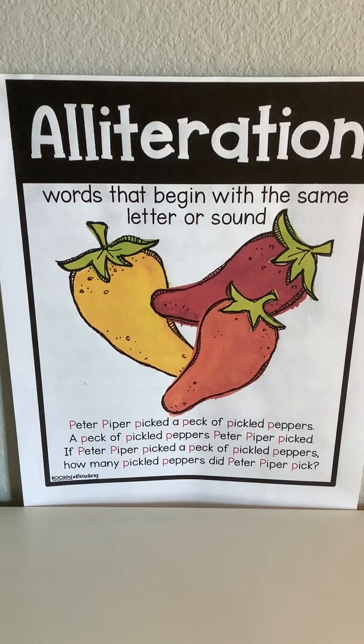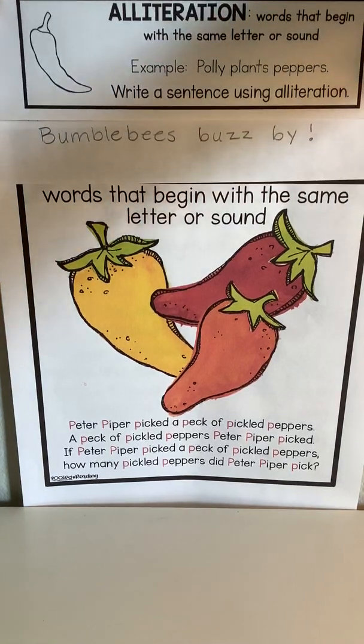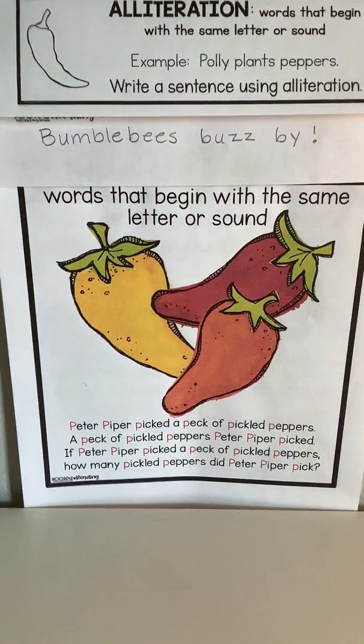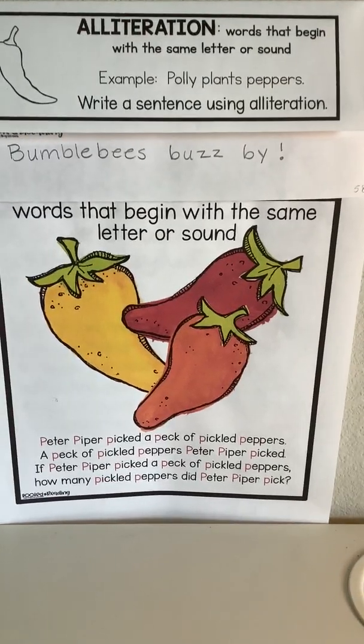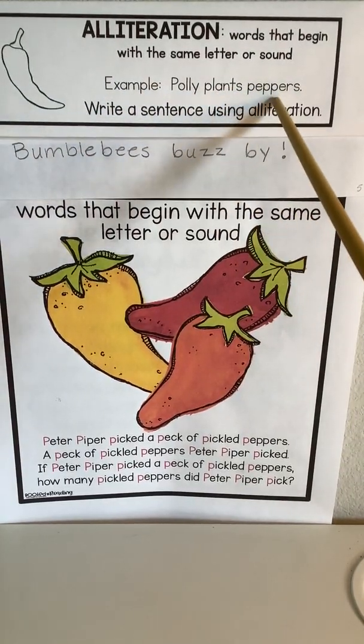And what I'd like you to do is to get a piece of paper and pencil or a notebook if you have a notebook that you're using for vocabulary. And I would like you to write a sentence using alliteration. Now, the sentence that they used for an example is Polly plants peppers.